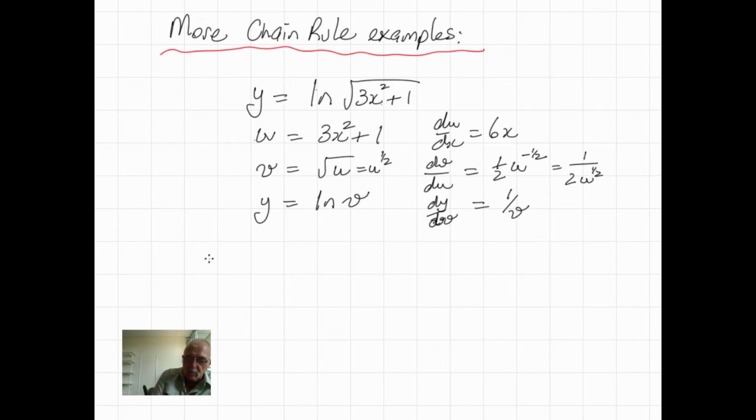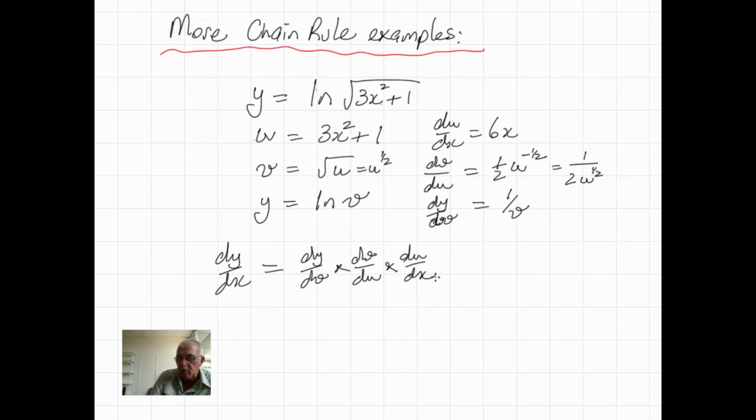So we then quote the chain rule, so we've got dy dx equals, we start from here and go up, so it's dy dv times dv du times du dx.